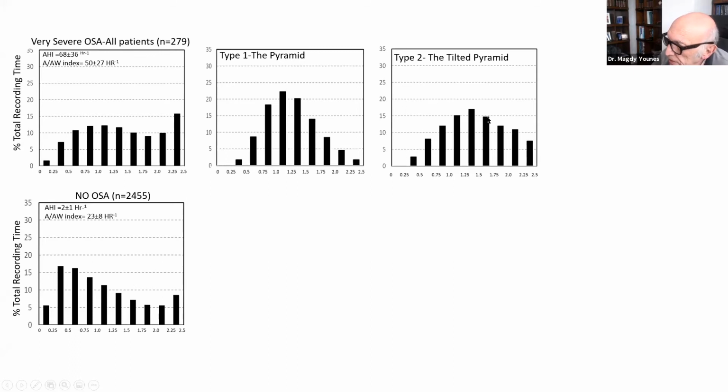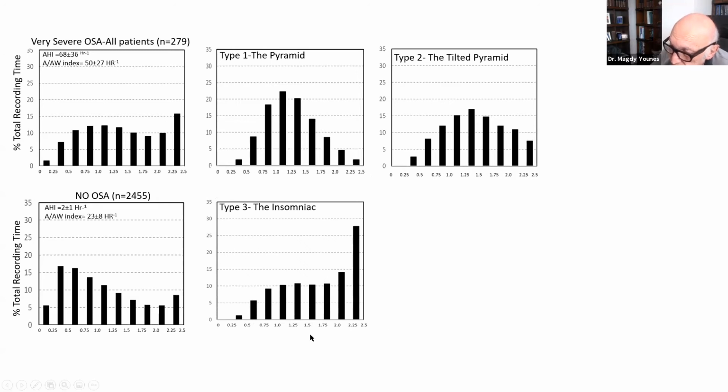The peak now is in the 6th decile instead of the 5th decile, and instead of being in the 2nd decile. But it's not perfectly symmetrical like this one. So I called it the tilted pyramid. We have to change these names, but it's okay for now.